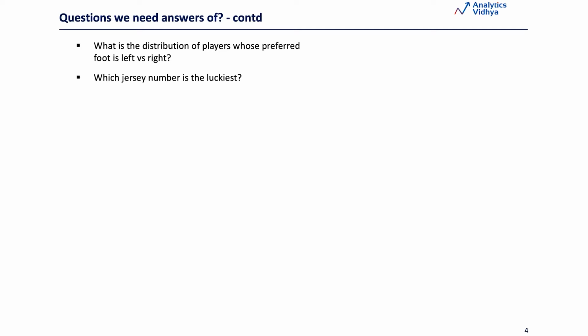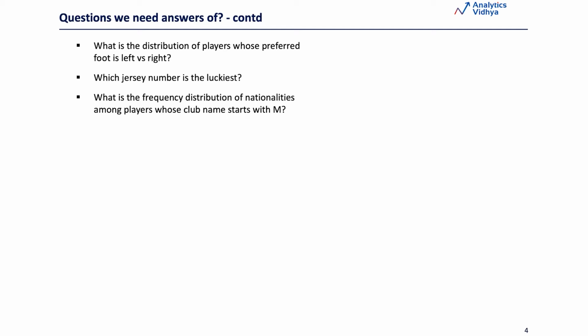I mean, lucky can be defined as the players who wear this jersey have the highest wage, or maybe the players who wear this jersey have the highest market value, or they have the highest rating. So definition of the problem is really important.